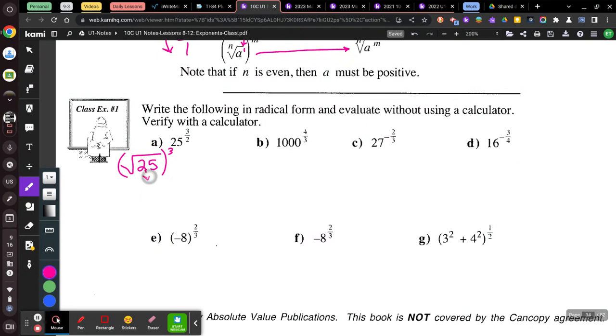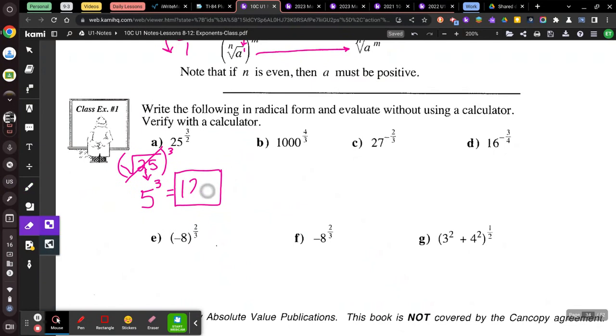We're going to solve it. That's going to become 5, and now it's cubed. 5 cubed becomes 125.